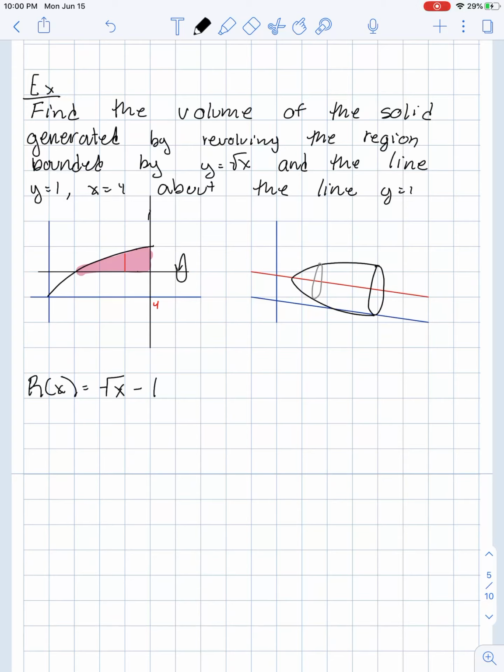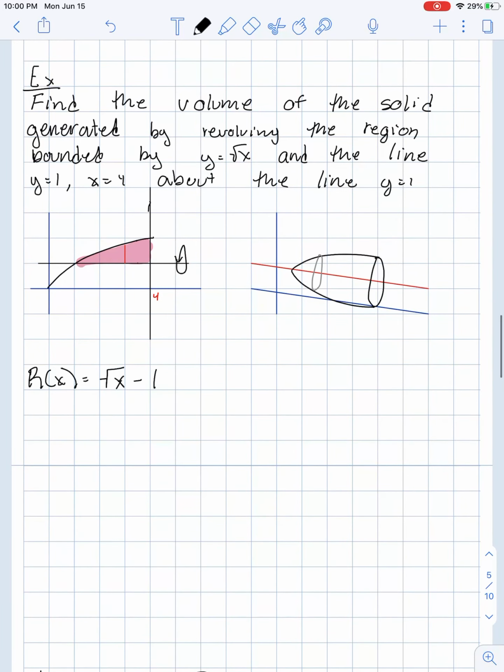Now I need to find my integration points. So I need to find where y equals 1 intersects y equals the square root of x. Or I want to call these limits of integration.